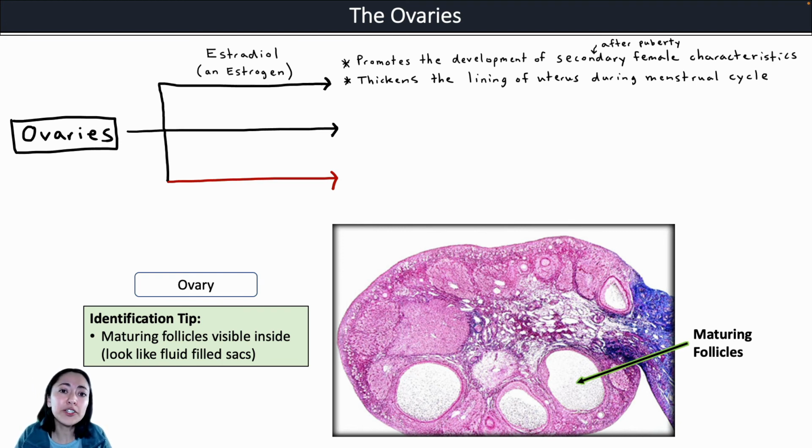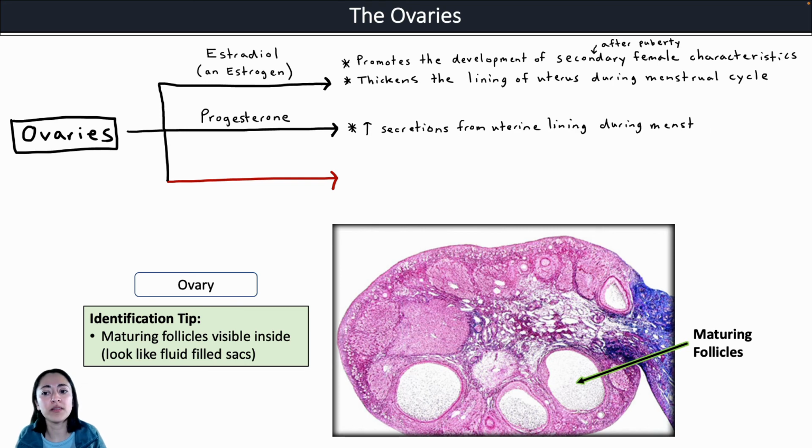The second major hormone secreted by the ovaries is progesterone. Progesterone is also really important in regulating the menstrual cycle because it increases secretions from the uterine lining during the menstrual cycle. So during a female's monthly menstrual cycle, after menstruation happens and the uterine lining is shed, estradiol is what triggers thickening of the uterine lining.